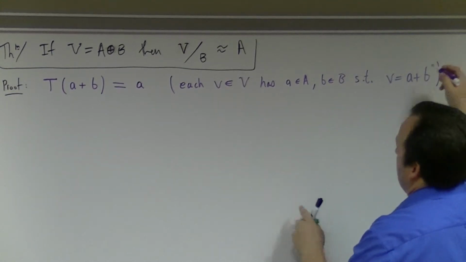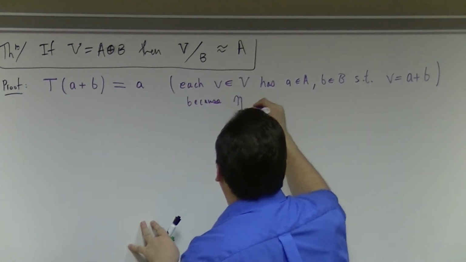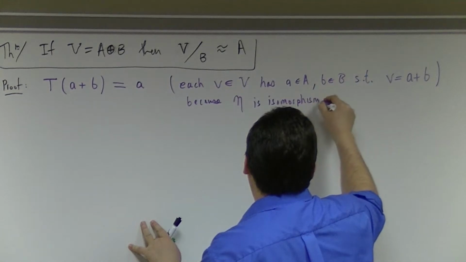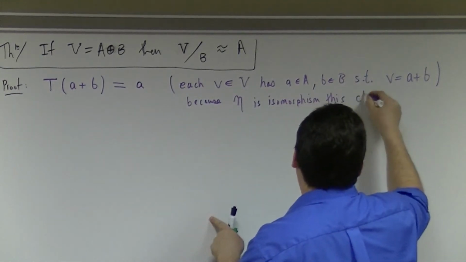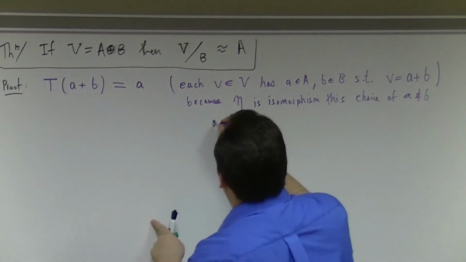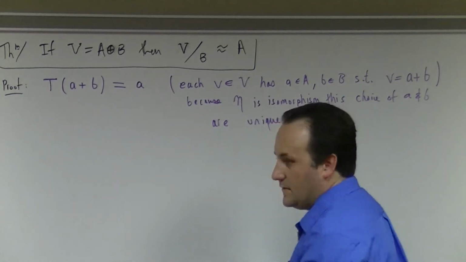In fact, because eta is an isomorphism, this choice of a and b are unique. All right.